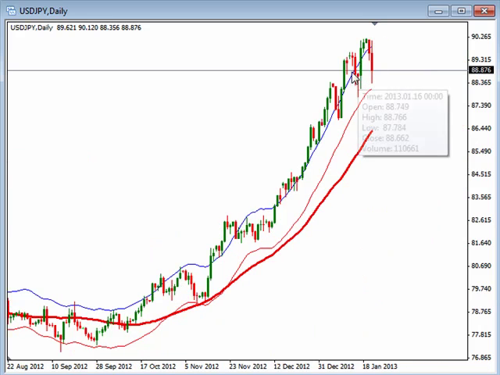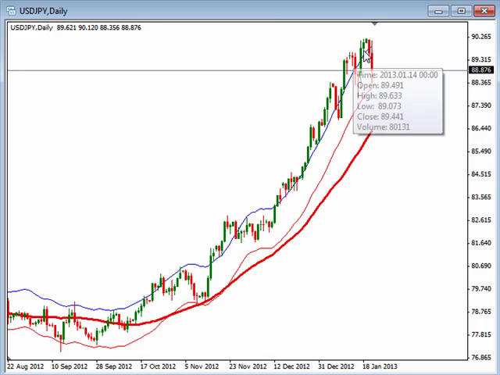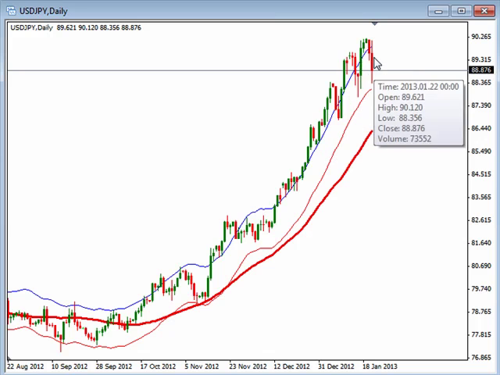We've yet to make a lower high or a lower low, so from the price action it would still be considered trending up. We are pulling back towards an area of support, so looking for a bounce up from that would be a possibility.